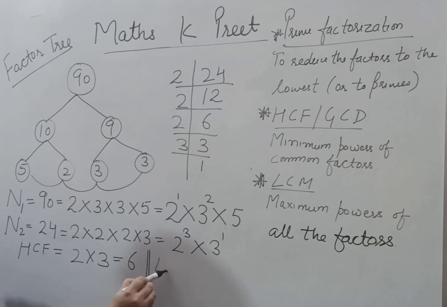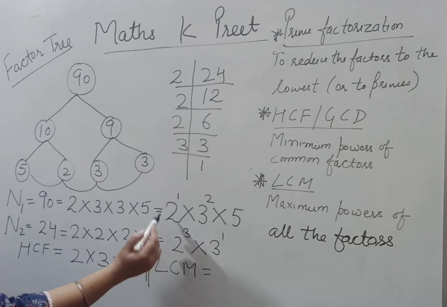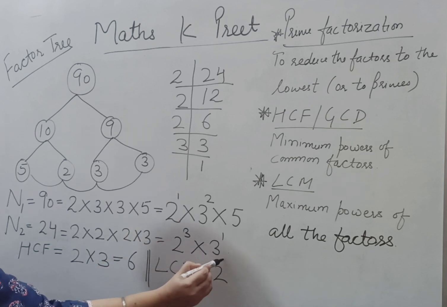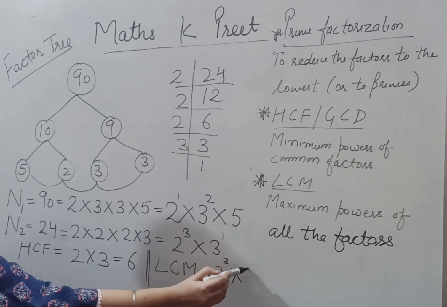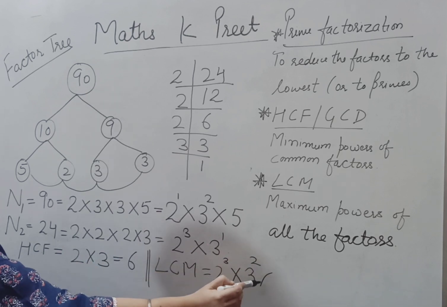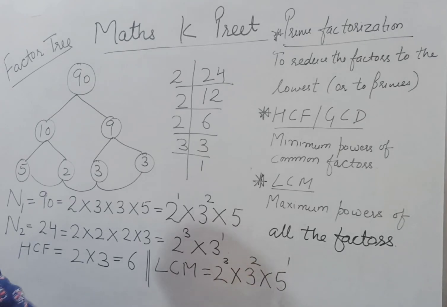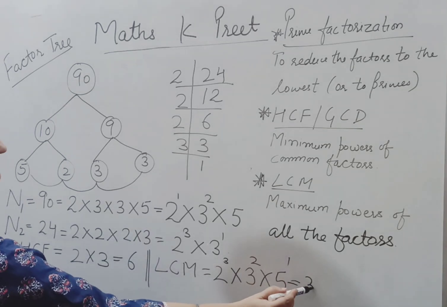Next is the LCM, least common multiple. The least common multiple is the maximum powers of all the factors in both the numbers. The maximum power of 2 is cube, the maximum power of 3 is square, and the maximum power of 5 is 1. So here the LCM will be equal to 360.